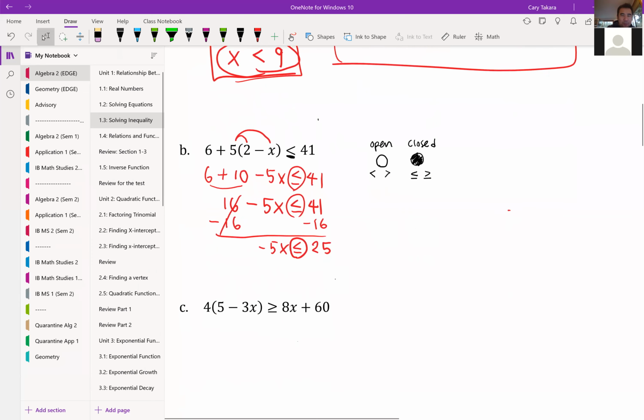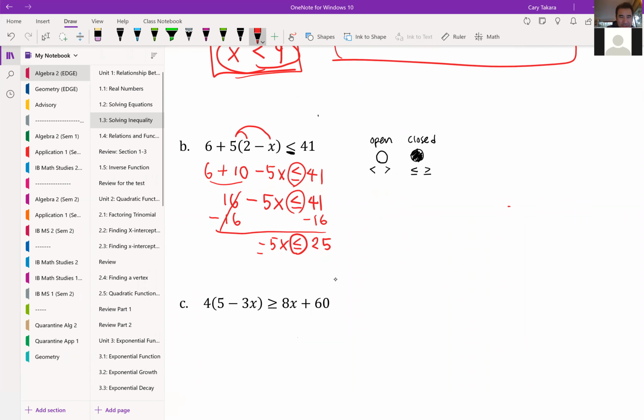Next, what are we going to do? We're going to divide both sides by what? We're going to divide both sides by negative 5. And what do you have to do when you divide both sides by a negative number? You're going to flip the sign.